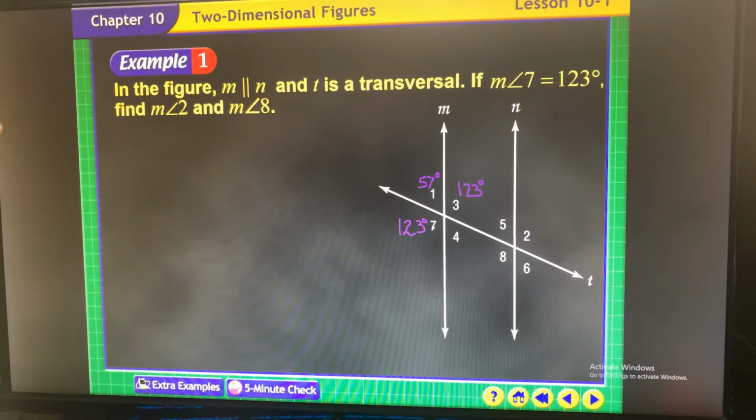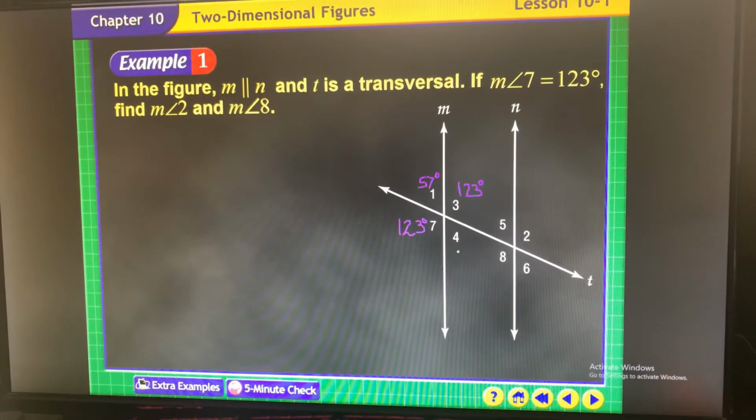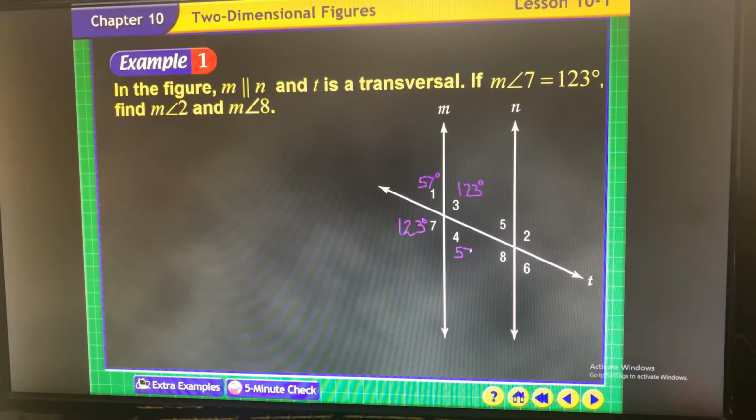Because angle 7 plus angle 1 make a straight line, and straight lines equal 180. Angle 1 and angle 3 also make a straight line, and they make 180 degrees. So if I know the measurement of angle 1, I also know the measurement of angle 4 because they are vertical angles to each other.